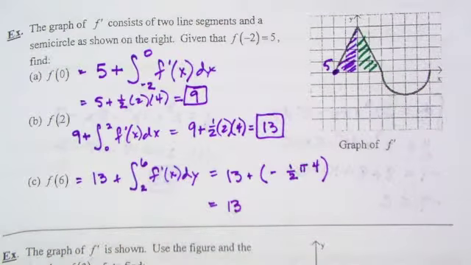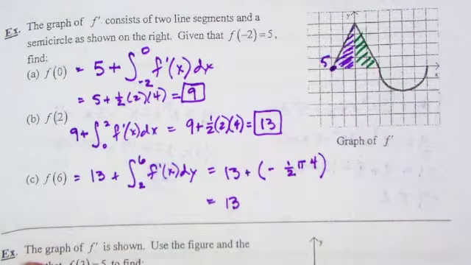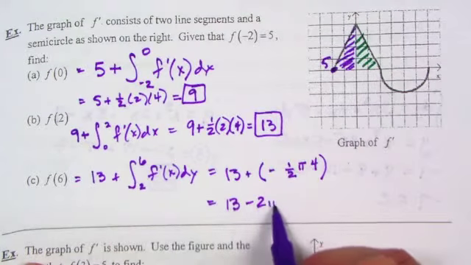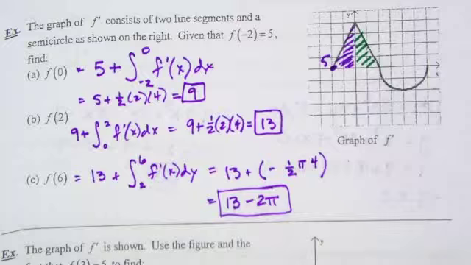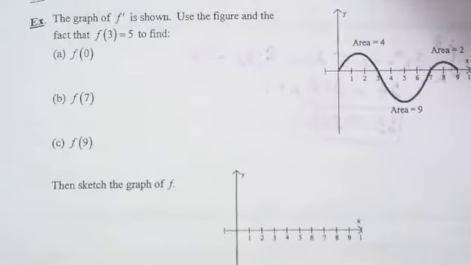So this turns into what? 13 minus 2 pi. You good with that? We did some of this for sure. Okay, so you do the next one at your table.